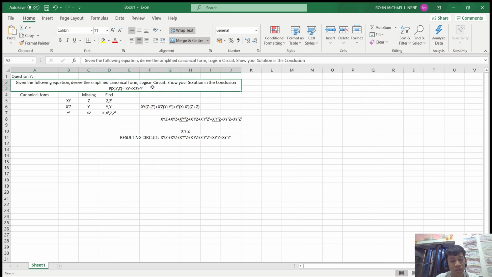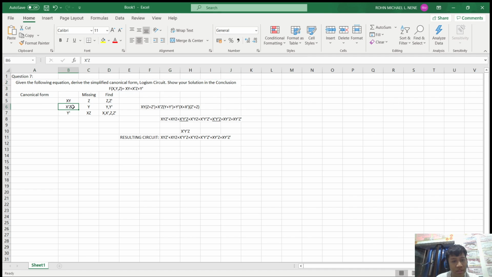What we are tasked to do here is to find the canonical form of the given equation. In the given equation, we have xy, and we have x'z, and then y'.